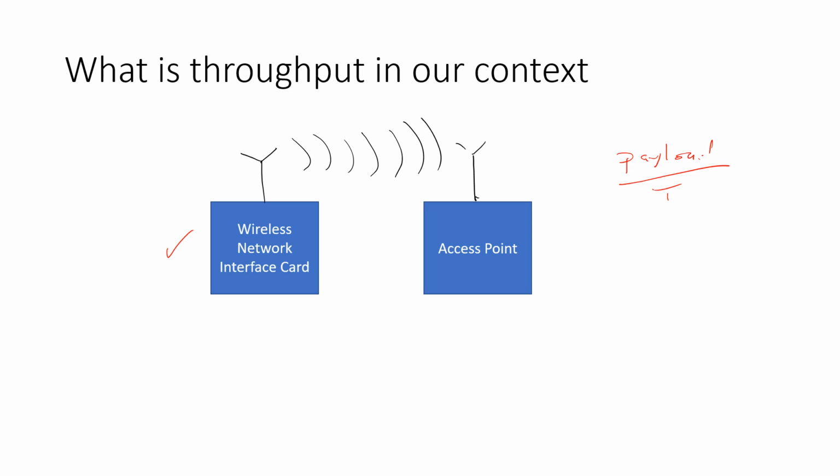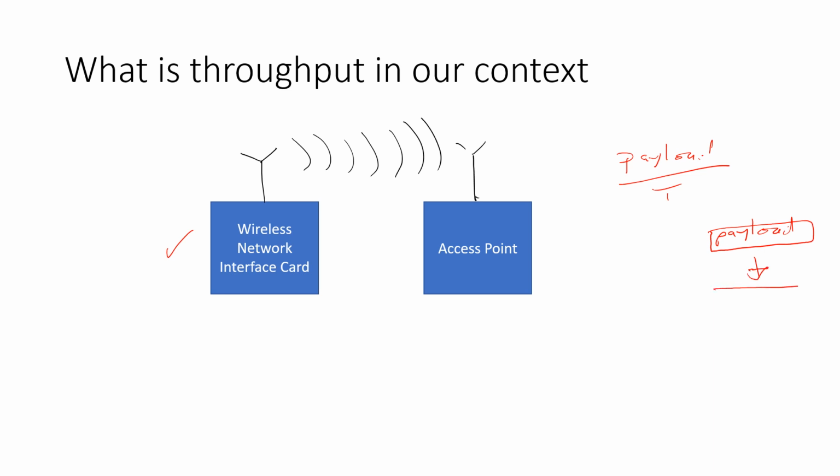The time will be taken up by, first of all, the time it takes to transmit the payload itself. So we'll just represent that by this little rectangle, payload. But it's not just the payload that gets transmitted across the link. As we pass the payload down our network stack, we add various bits and pieces to it.